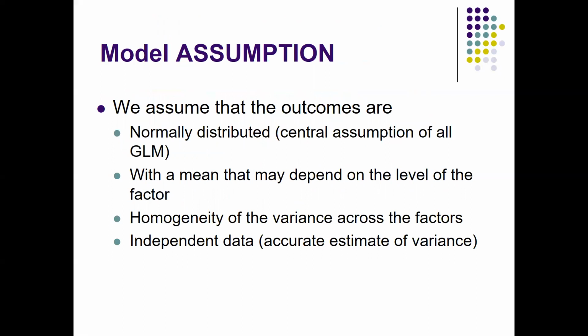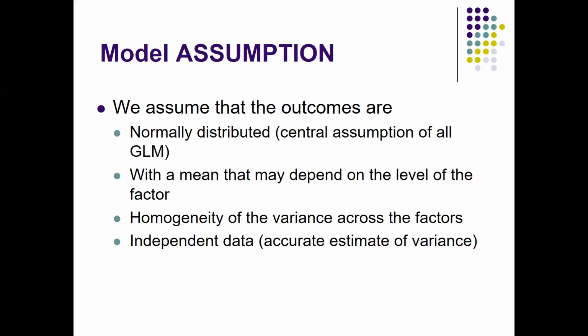So now, when we go back to our regression models, you had assumptions about the model. And the big thing was the errors were normally distributed, right? You had homoskedasticity, which meant that the error variance was constant over the range of the predicted values. In the ANOVA model, that homoskedasticity assumption falls into what we call homogeneity of variance. That means the variance of the data within each level of the predictor is the same.